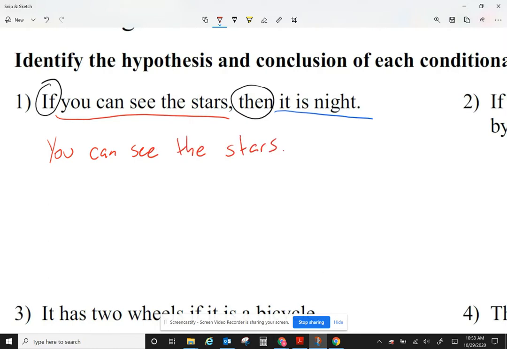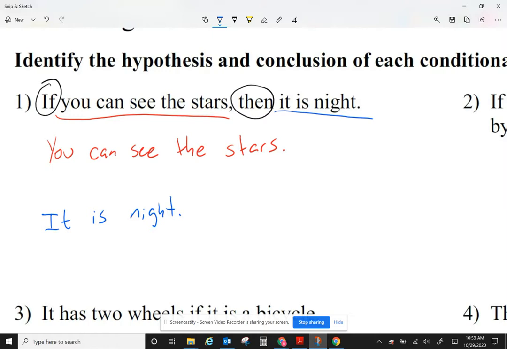I'm just going to copy it word by word. Don't change the wording. If I was asking for the conclusion, I will write it is night. The conclusion is the then part without the word then. Notice I wrote it word by word. I wrote it is, I didn't abbreviate it as it's. So keep it word by word.